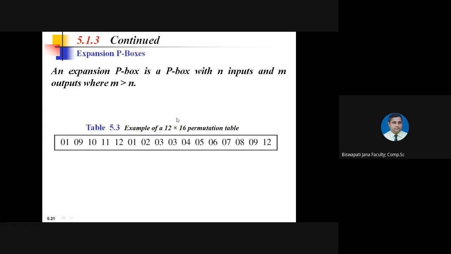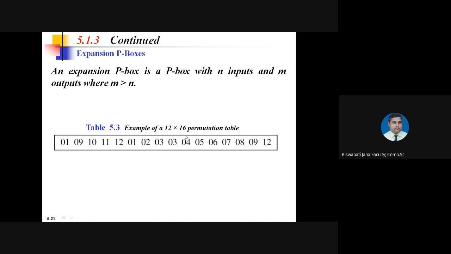Suppose you have taken 12 bits at the input level, and at the output level 16 bits. Then 12 to 16, so 4 extra bits have been added. So what will the data be? Say 0 1, 0 1, two bits are there. That's why we can say the first place comes to the first, and again comes to the first, then second, third, fourth, fifth, sixth place.